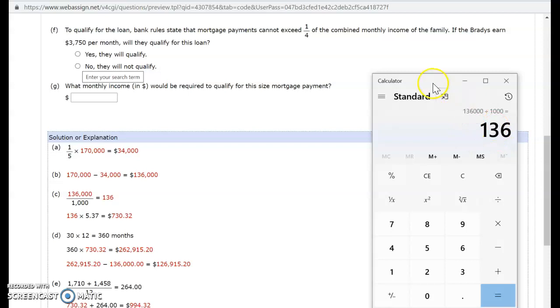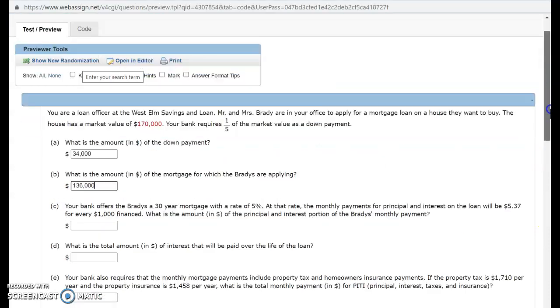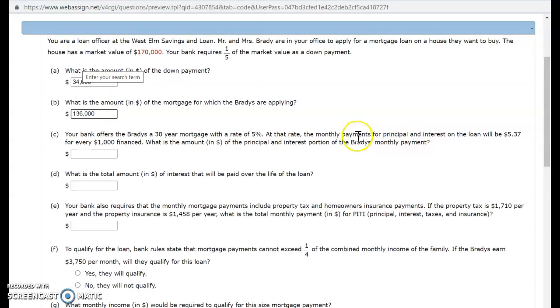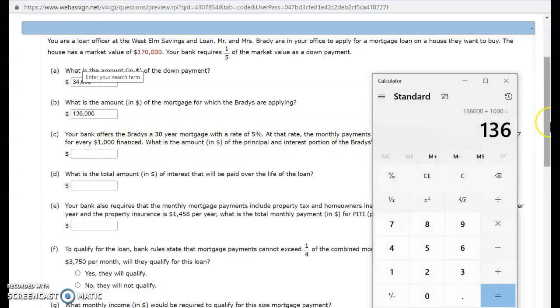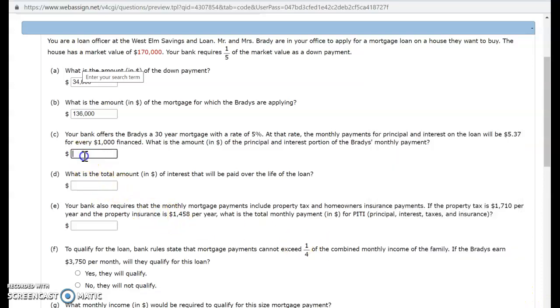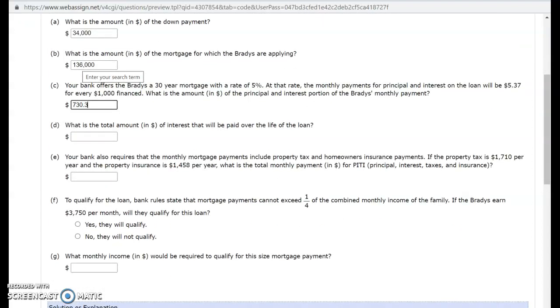Monthly payments for principal and interest will be $5.37 for every $1,000. So we have 136 of those. Then you're going to multiply that by 5.37, and that's going to give you your monthly payment. So your payment would be $730.32.